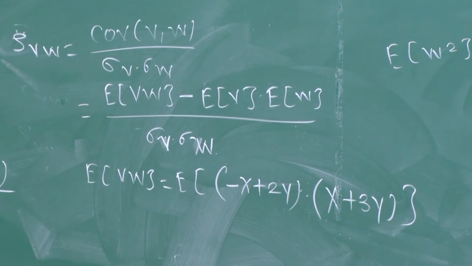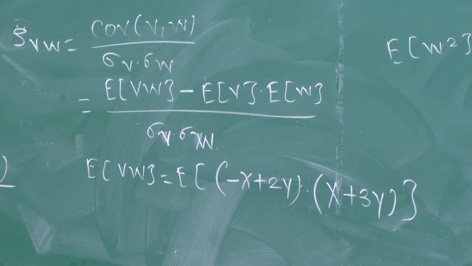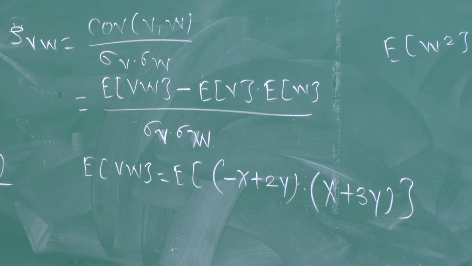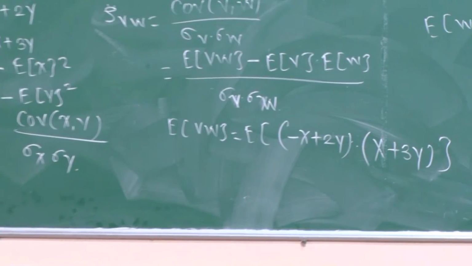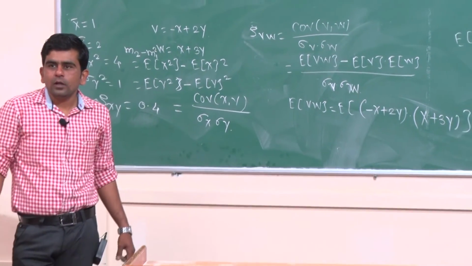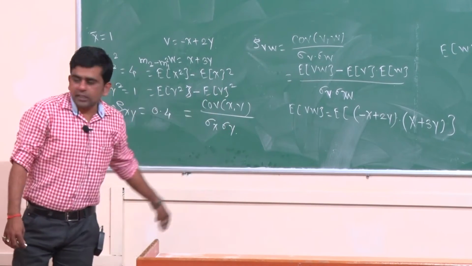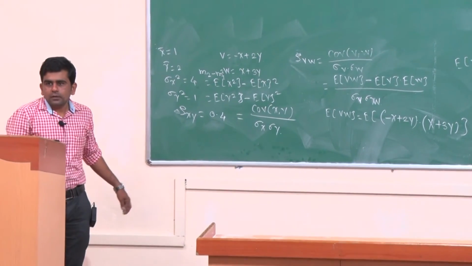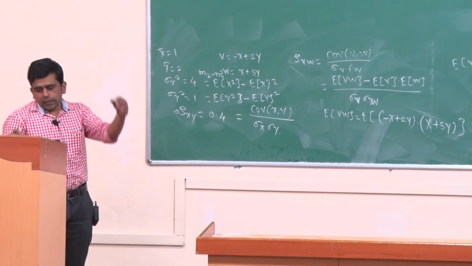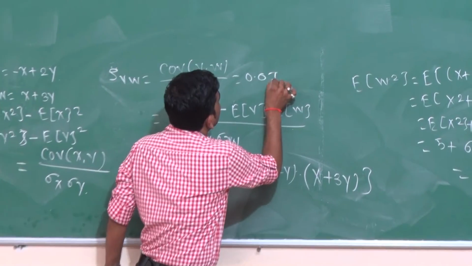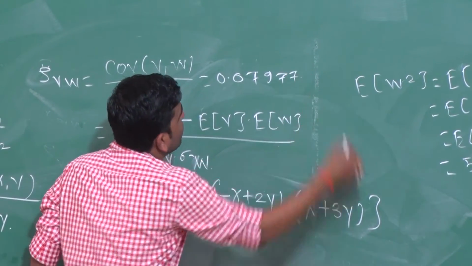Just multiply it. So here this value comes to be 22.2. Expectation of VW comes to be 2.2. When we put this into the correlation coefficient, I got this value as 0.07977.